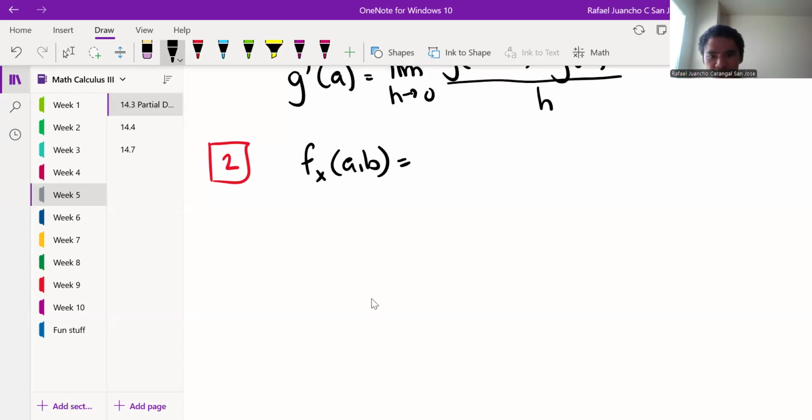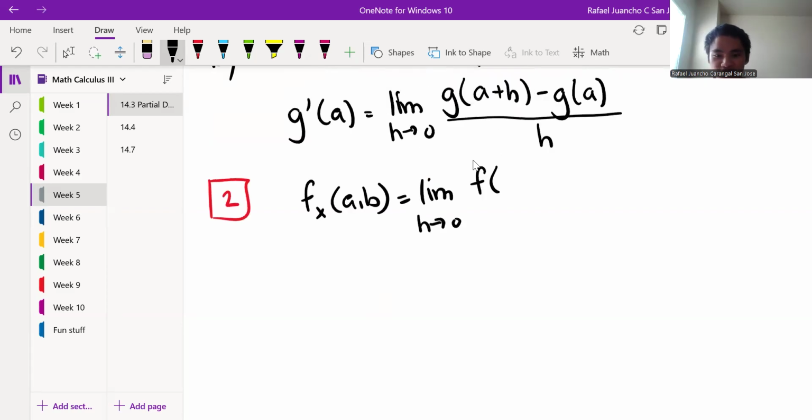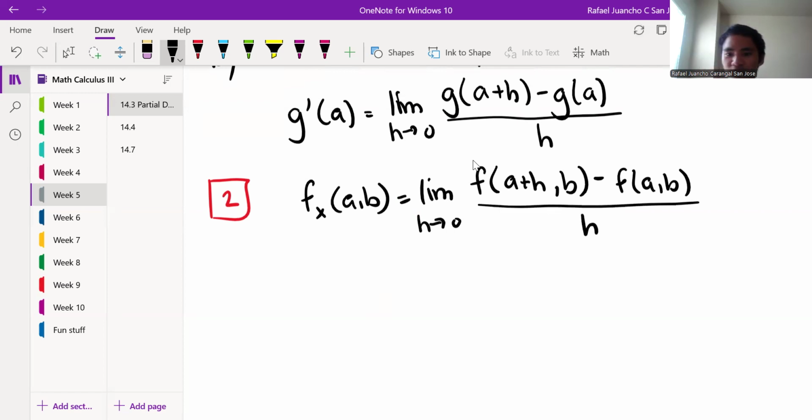This is equal to that limit definition, but here we use f instead of g. And so we say f of a plus h, comma b, and then we subtract that to my original function. Then we divide it by h.